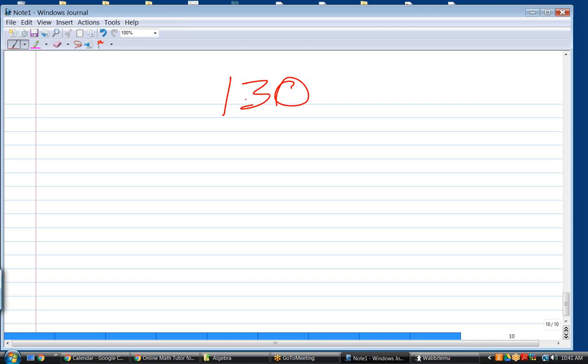The first thing you do when you factor a number is split it in half. Because that's prime, I don't go any further on that branch. This is not prime. I can divide that into 5 times 13.